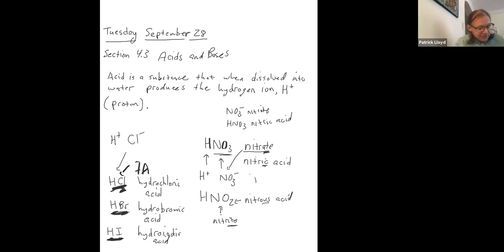And they behave very similarly. So if I take HNO3 and I dissolve it into water, same thing. You can get this H plus, and you're going to get the nitrate, NO3 minus. So they behave relatively like these acids over here, monoatomic acids, I guess you call them.